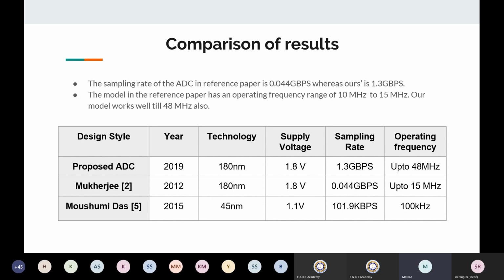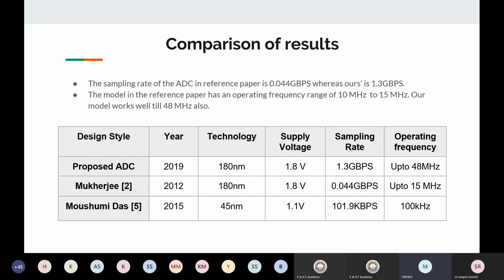So comparison of results. It is very important to compare your results and to claim that whatever you have done is better than the reported work. This is the key of your papers. Research papers should have this comparison of results with the previously presented data. These were the references: Mukherjee, which is number two, and Mousumi Das, number five, and the year was presented 2012-2015.